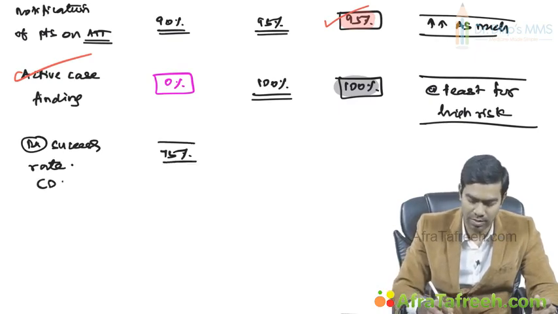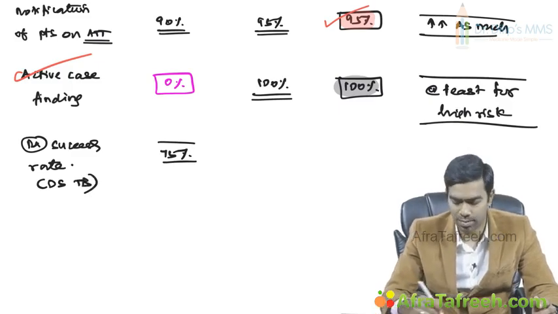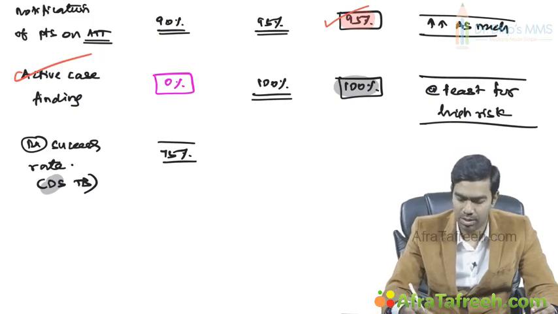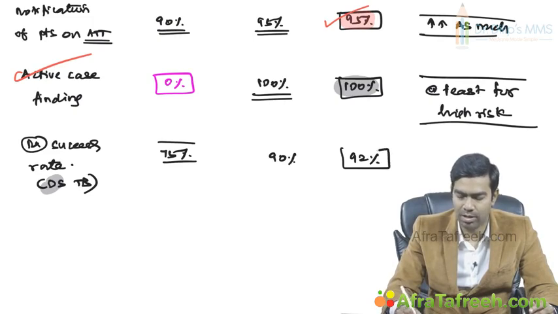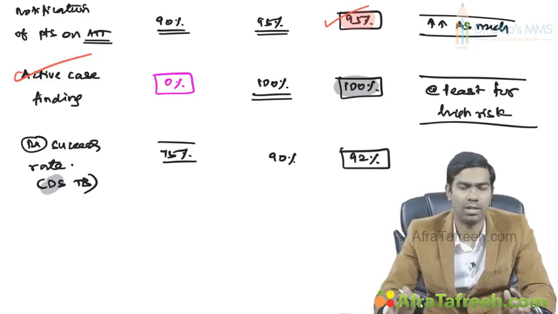This is for drug sensitive TB, clear? We are not talking about drug resistant TB. But in 2020, we are planning to achieve 90%, and in 2025, at least 92% treatment success, at least in notified drug sensitive TB cases.